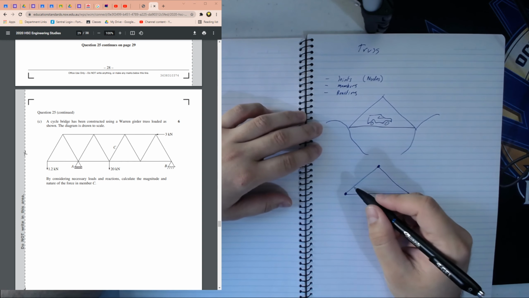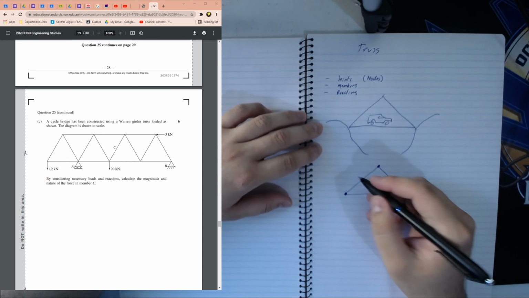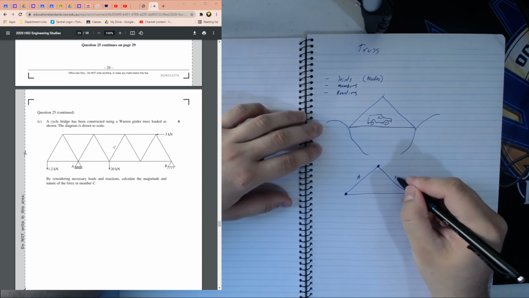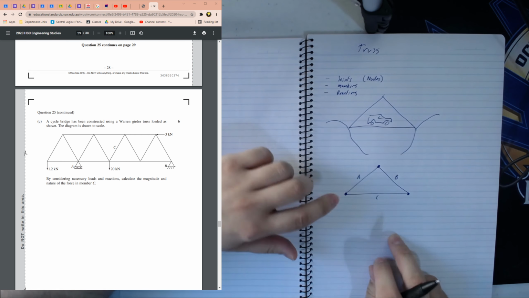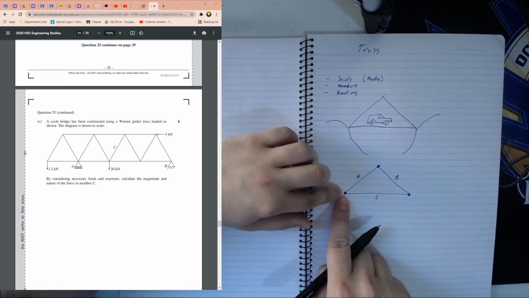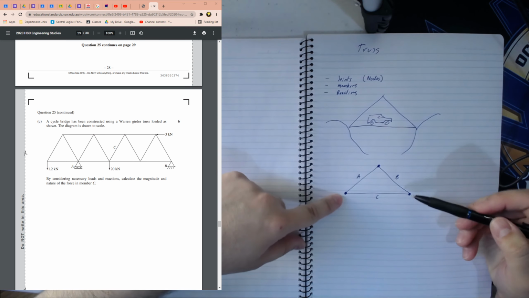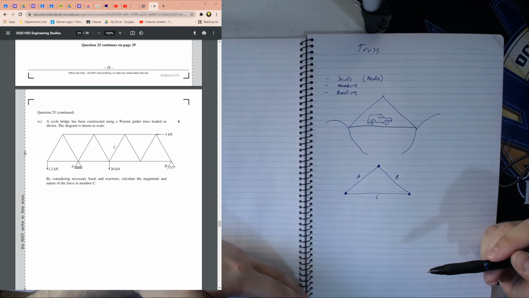And then, I should have explained it the other way around, but these over here are members. So if we name these, let's call this member A, this is member B, and this is member C. We can see anywhere where there are two or more members connecting together, we call that a joint or a node.